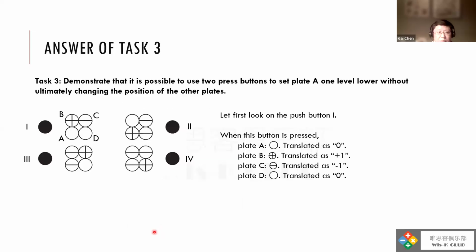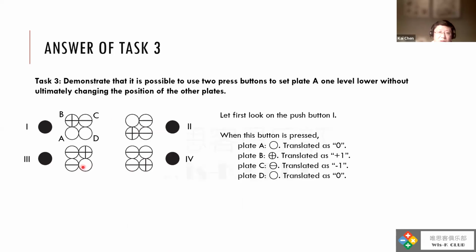Okay, so that's the basic knowledge we have. So now for task 3, it seems quite interesting. Some of you had found we can just study the combination of these signs on the 4 buttons.